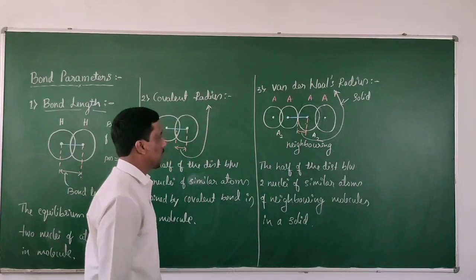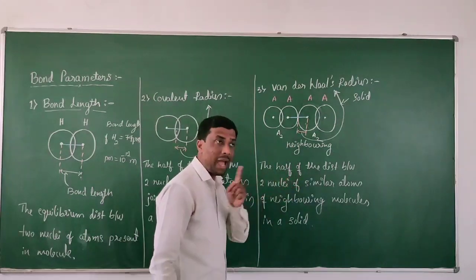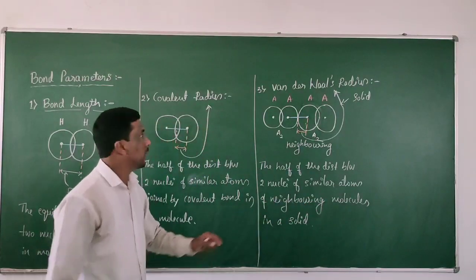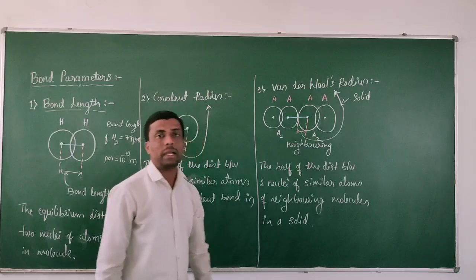The half of the distance between two nuclei of similar atoms of neighboring molecules in a solid is called as what? Van der Waals radius.